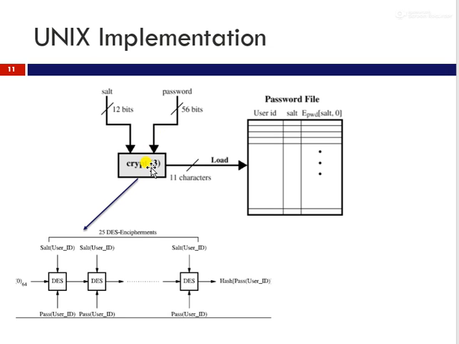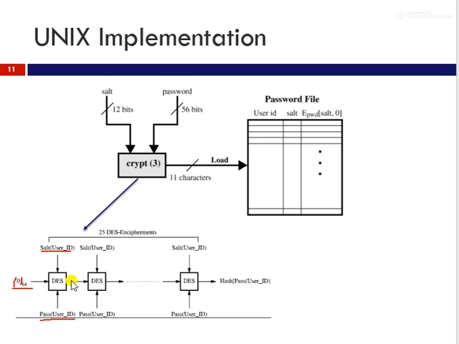What is there in the crypt3 algorithm? It is actually a 25 time DES encipherment. So 25 times we apply DES. As the initial input to the DES algorithm, we give the salt plus password that the user provided as a key, and 64 zeros as a plain text block. The password and salt are given as key to DES, and the 64 bit zero block is given as input.